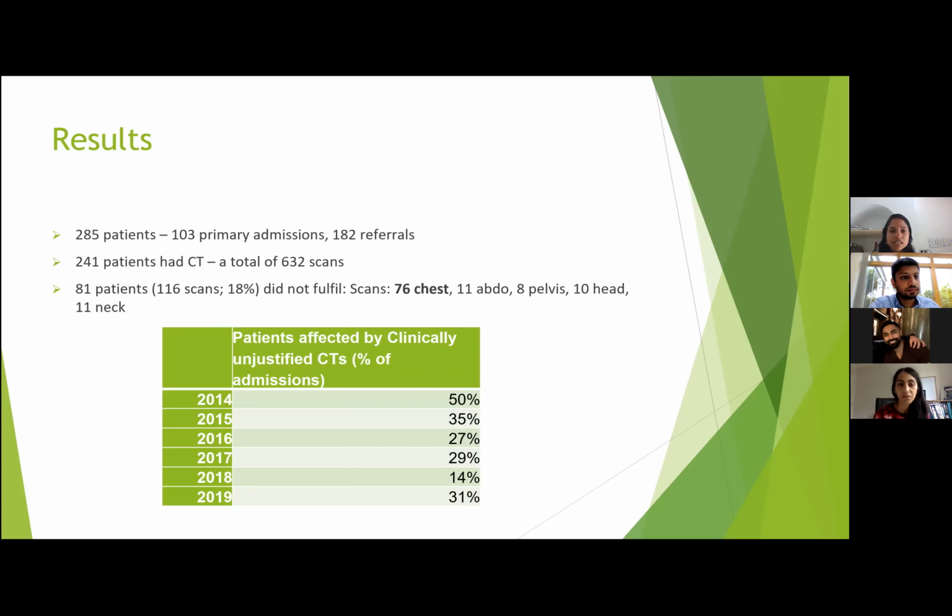We looked at the years as well, and as Kuldeep mentioned, at the end of 2017, East of England adopted the guidelines, and so there's a nice nadir demonstrated in 2018, but this started to climb again in 2019, and that's why we've spent the last year trying to re-educate various departments about when to CT children.